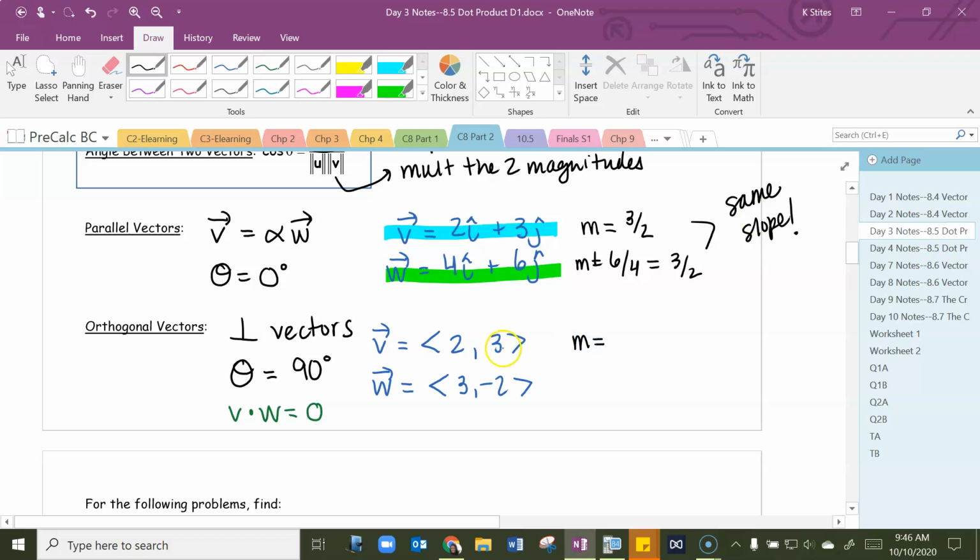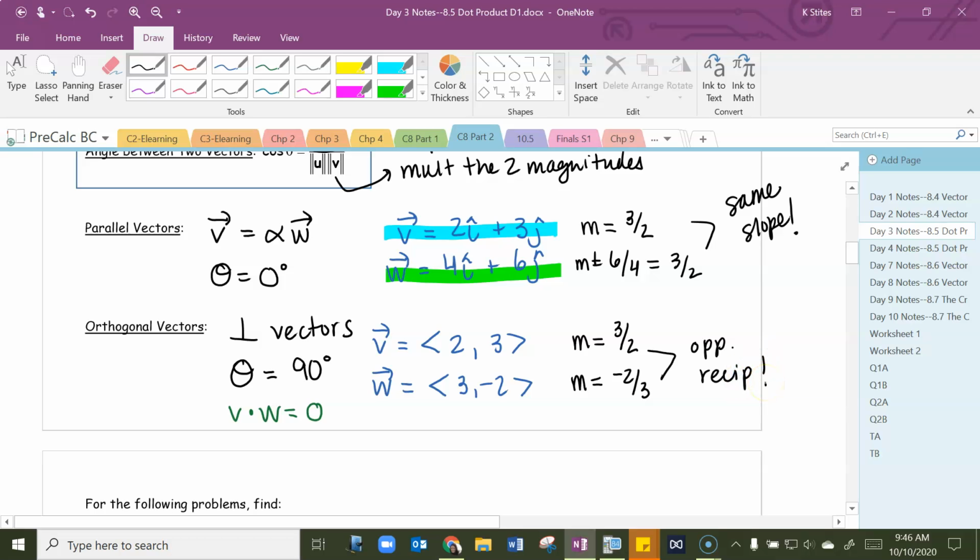Vector v would have a slope of 3 over 2. Since our slope is 3 over 2, if vectors v and w are perpendicular, we would need an opposite reciprocal slope for the next one, which in this case is -2/3. These are opposite reciprocals, so these would be perpendicular vectors.